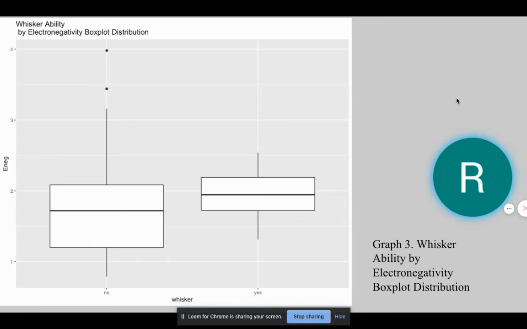And so here is a whiskerability by electronegativity box plot distribution.